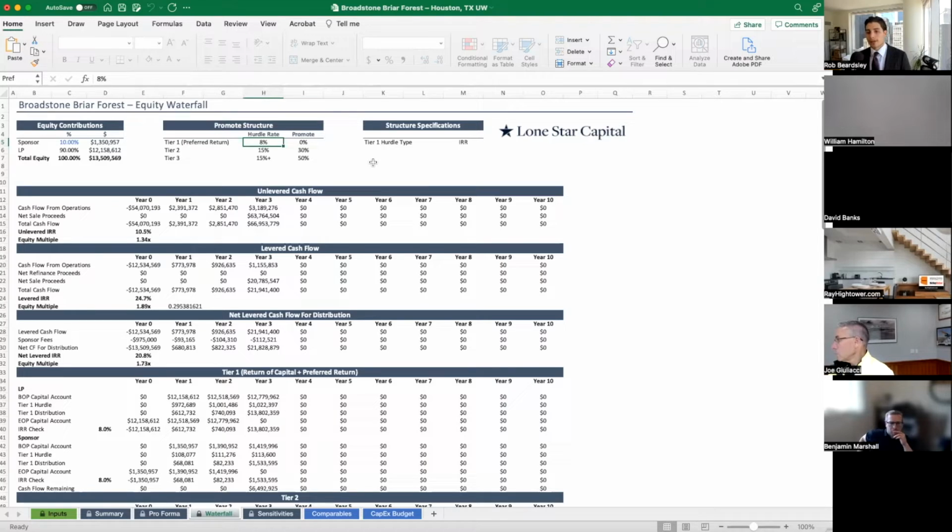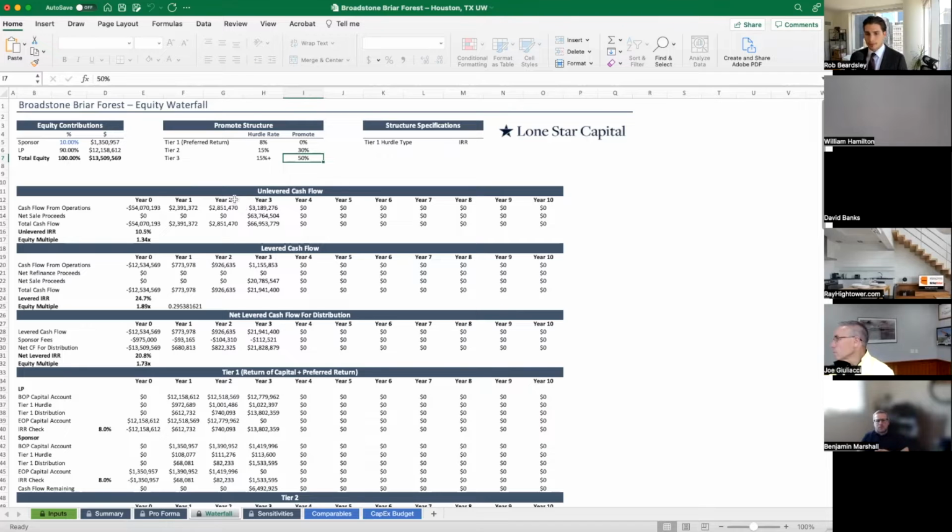Above and beyond the 8% IRR, and the way to read this is up to a 15% IRR, there's a 30% promote. So that means after the 8% has been met, anything above that, there's a 70-30 split, 30% to the sponsor, 70% to investors of the remaining proceeds or distributions, cash flow, what have you. And then finally, this is pretty straightforward, but above and beyond a 15% IRR, the remaining distributions are split 50-50.